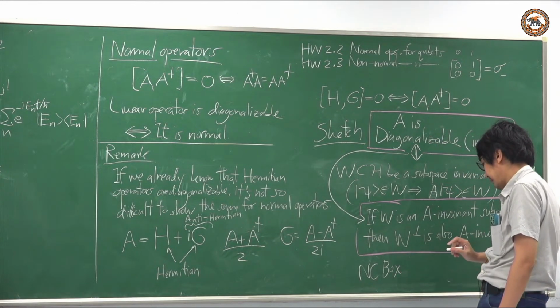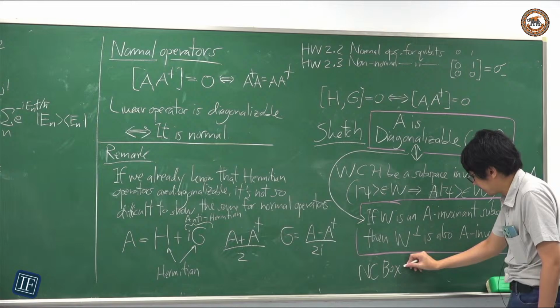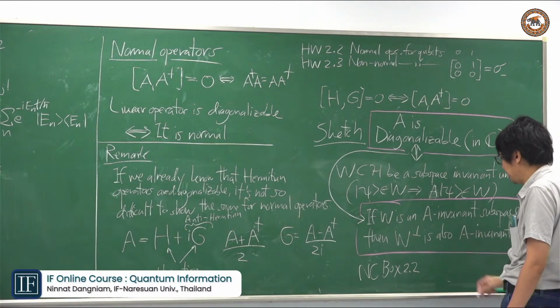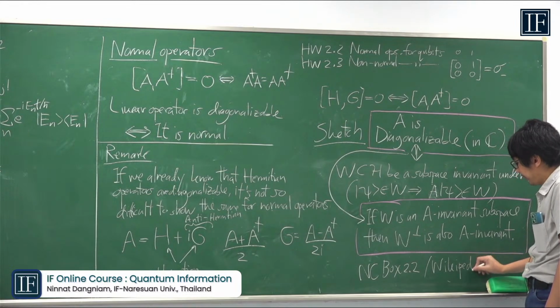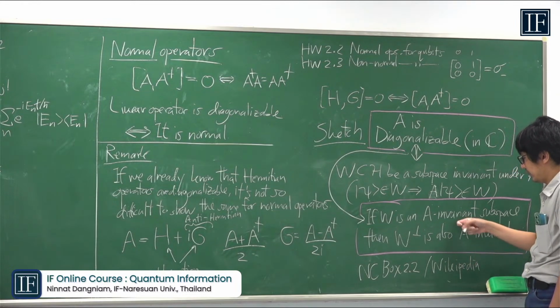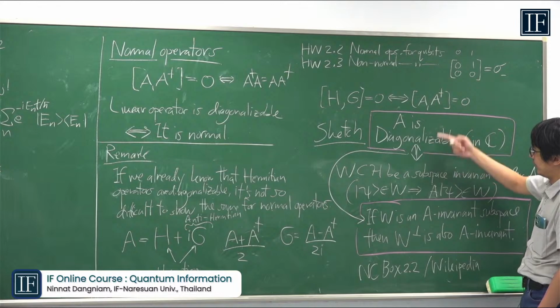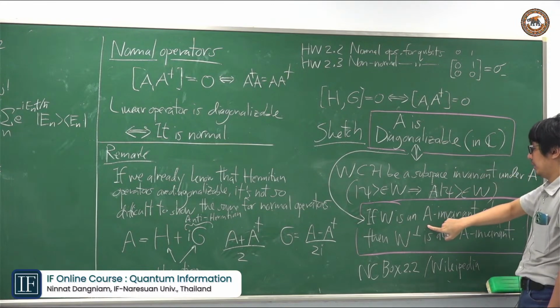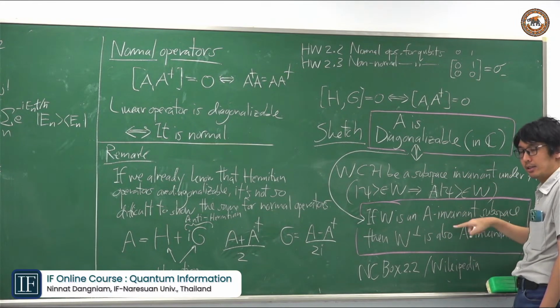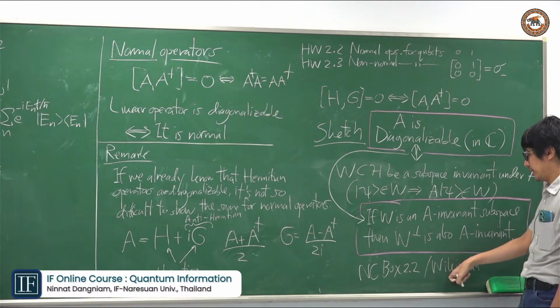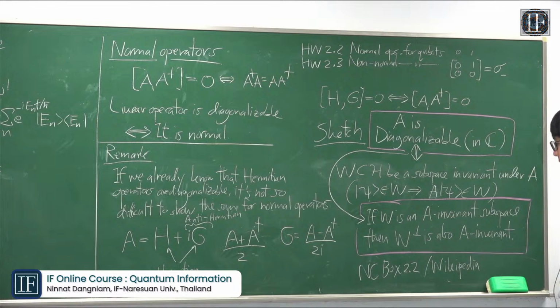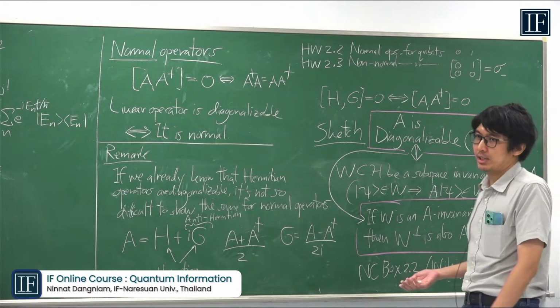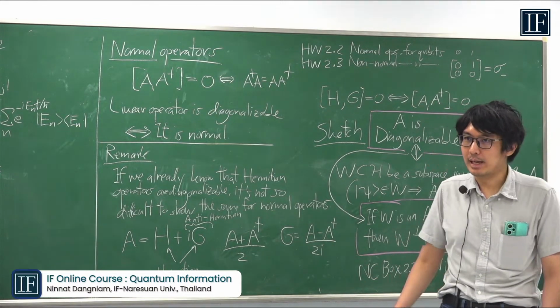I don't exactly remember, and I apologize if this is wrong, but I think it's like box 2.2. I have seen the proof, not of the equivalence of this, but the proof that if you have a normal operator, this is true. It's somewhere on Wikipedia. I don't remember where. Maybe it's a page on normal operators, if I have to guess.